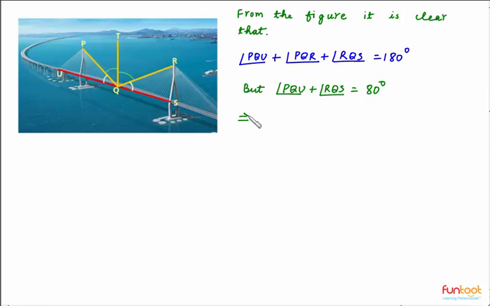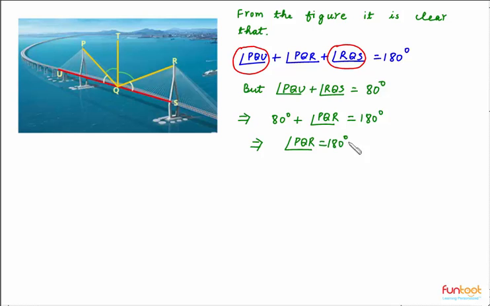So this implies, putting here the values in place of PQU plus RQS, we can write 80 degrees. So 80 degrees plus angle PQR is equal to 180 degrees. This implies angle PQR is equal to 180 degrees minus 80 degrees. So this implies angle PQR is equal to 100 degrees.